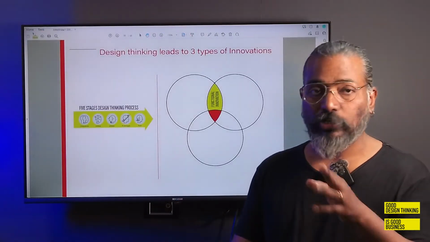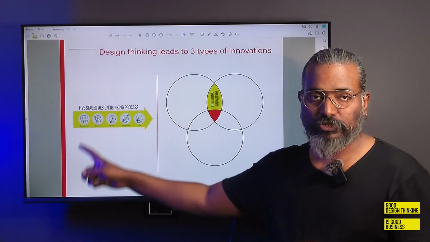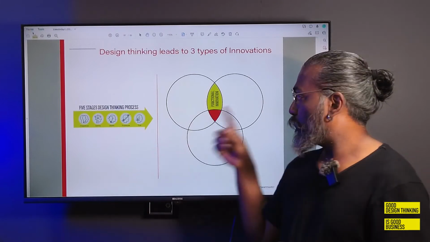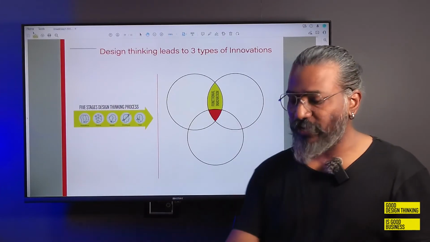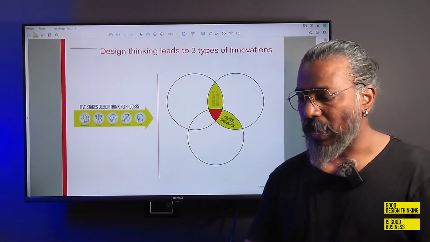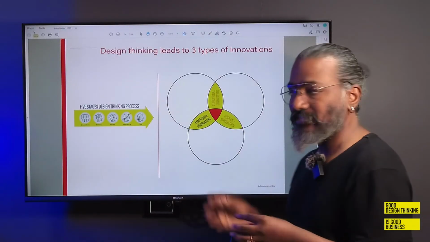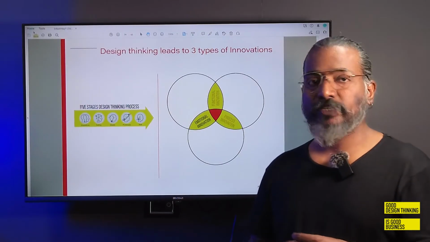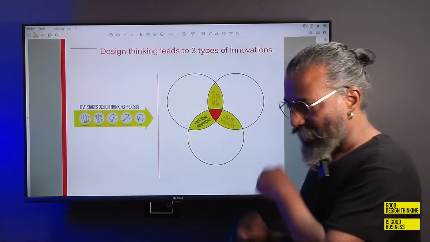Now look at the big thing. These 5 stages of thinking help you to come up with functional innovation, process innovation, and emotional innovation. These are 3 types of innovation necessary for any organization to thrive and become successful. This is very interesting.